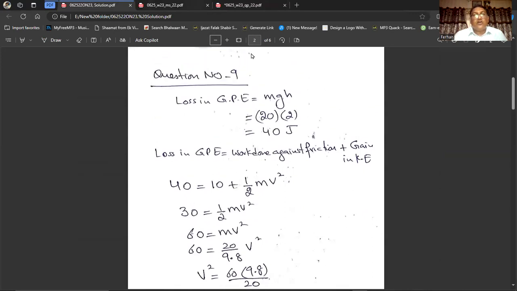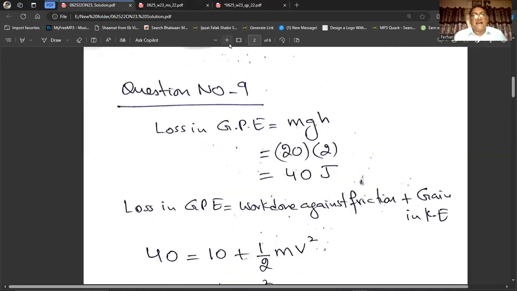So what I am saying is that the loss in the gravitational potential energy will be mgh, that is weight multiplied by the vertical height, that is 20 into 2, and that will be 40 joule. And the loss in the gravitational potential energy as you come down will be equal to the work done against the friction plus the gain in the kinetic energy.